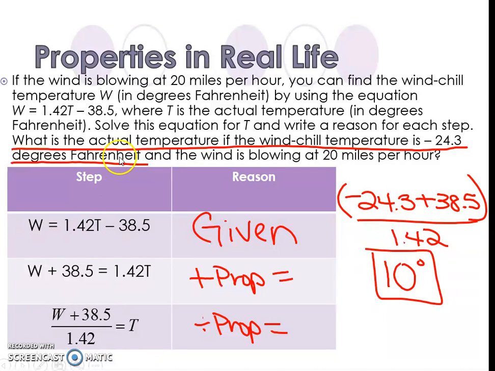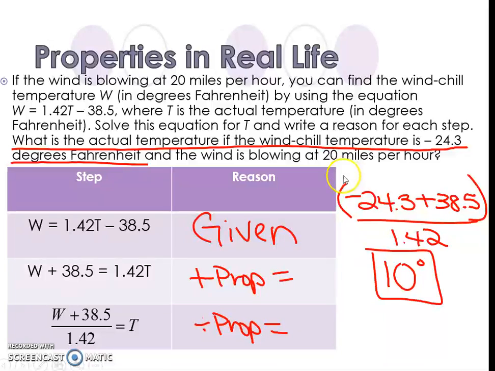Then, what's the actual temperature if the wind chill temperature is negative 24.3? That's really, really cold, right? Wind chill means you feel very cold, much lower than the actual temperature, because of the wind. And what you do is you do substitution property. You put negative 24.3 in for W, the wind chill, plus 38.5.